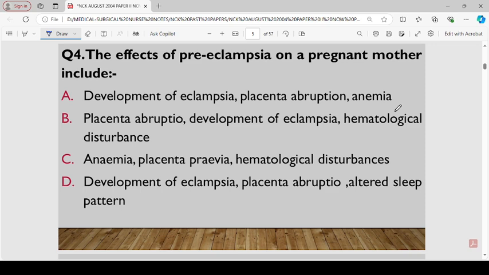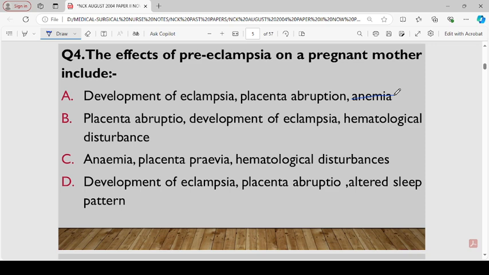Question number 4, the effects of preeclampsia on a pregnant mother will include... Preeclampsia can develop to eclampsia. That's correct. It can cause placenta abruptio, that is premature separation of the placenta from the wall. But it cannot be a direct cause of anemia.